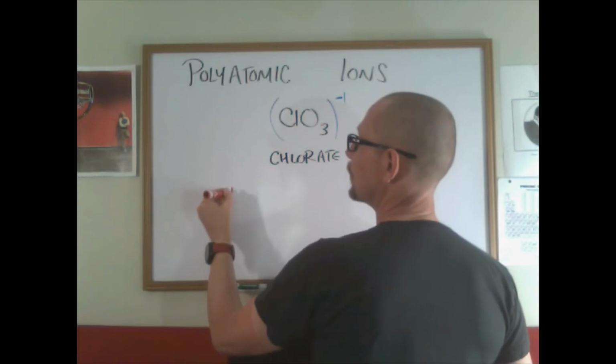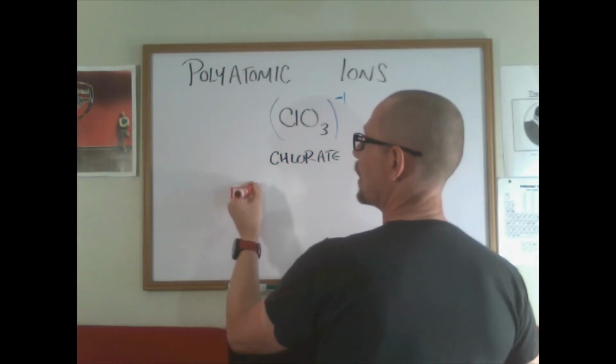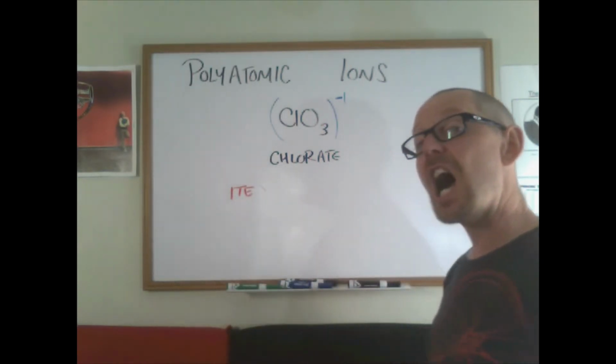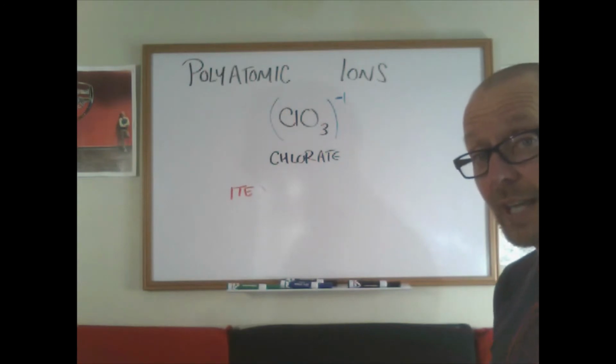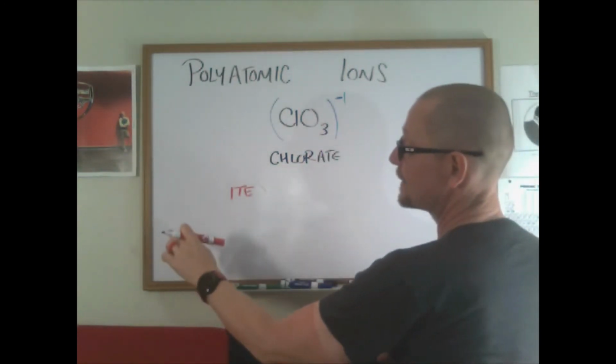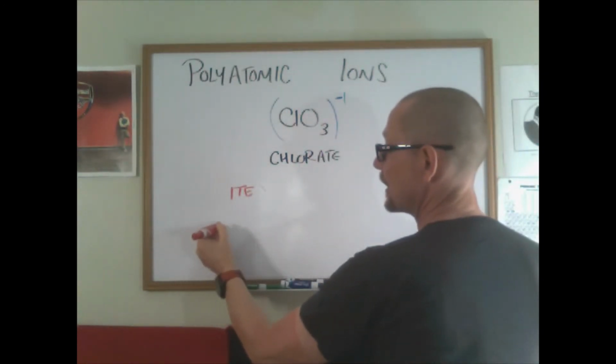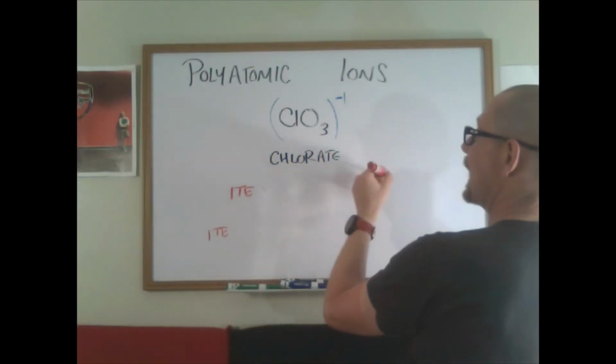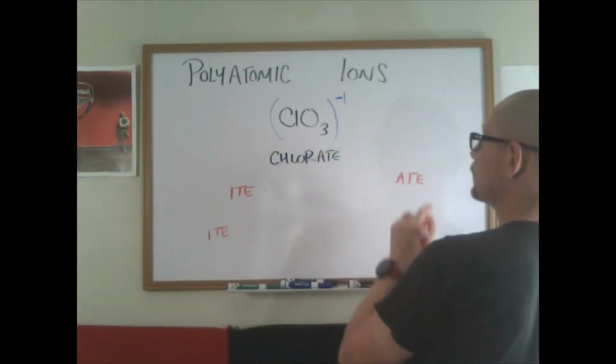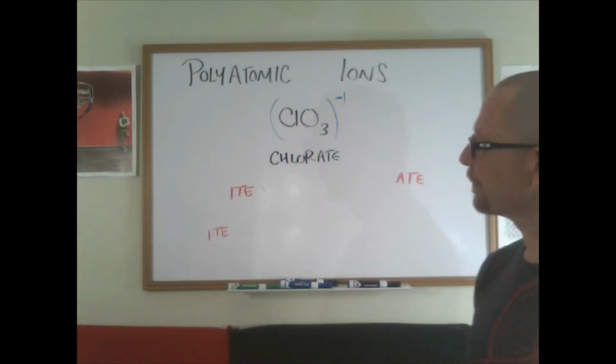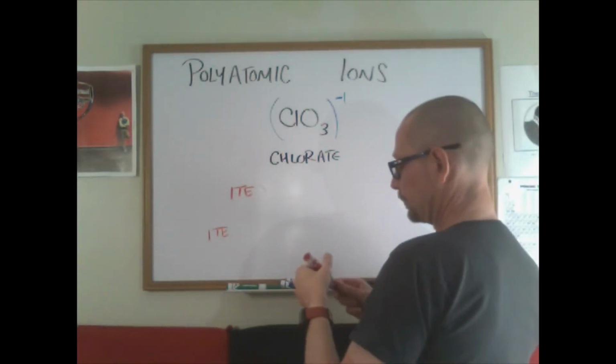-ates, I'll just leave it not in plural. -ite, okay? So we're going to go -ite down here, we're going to have another -ite down here, we've got -ate, and then we've got another -ate.